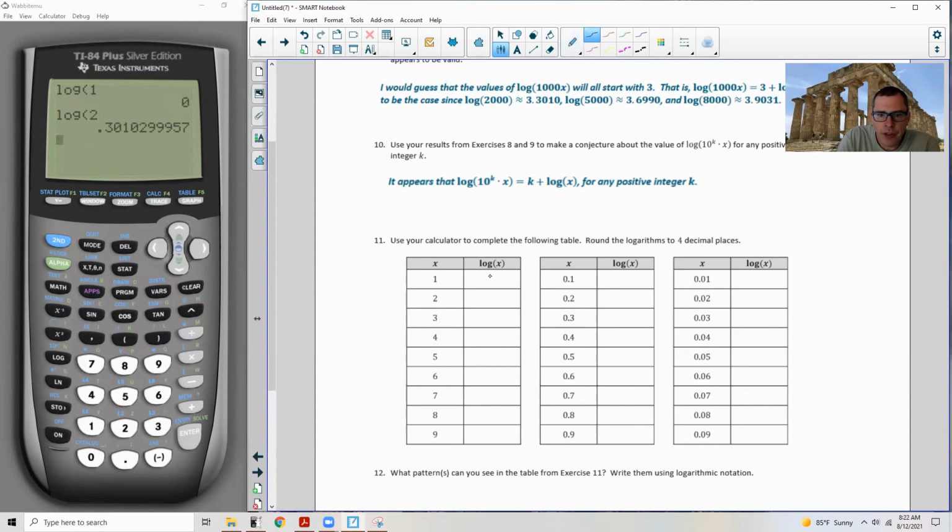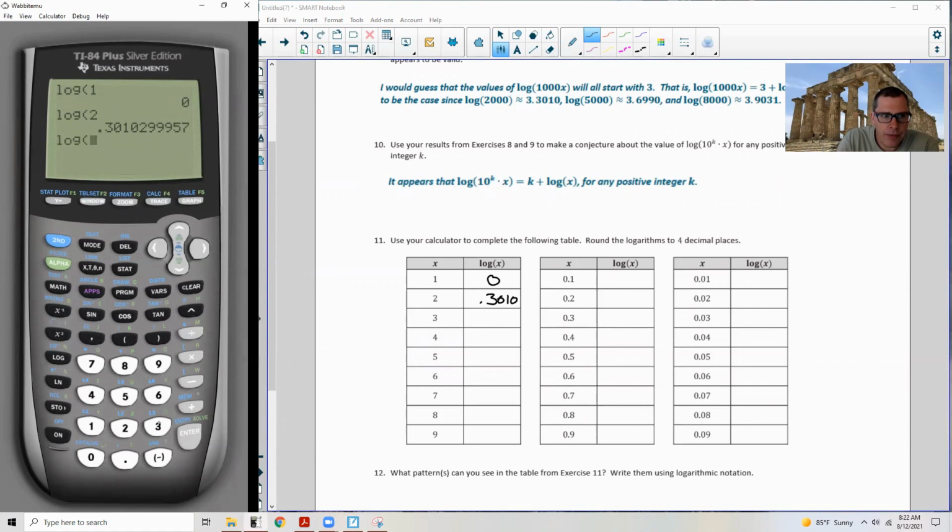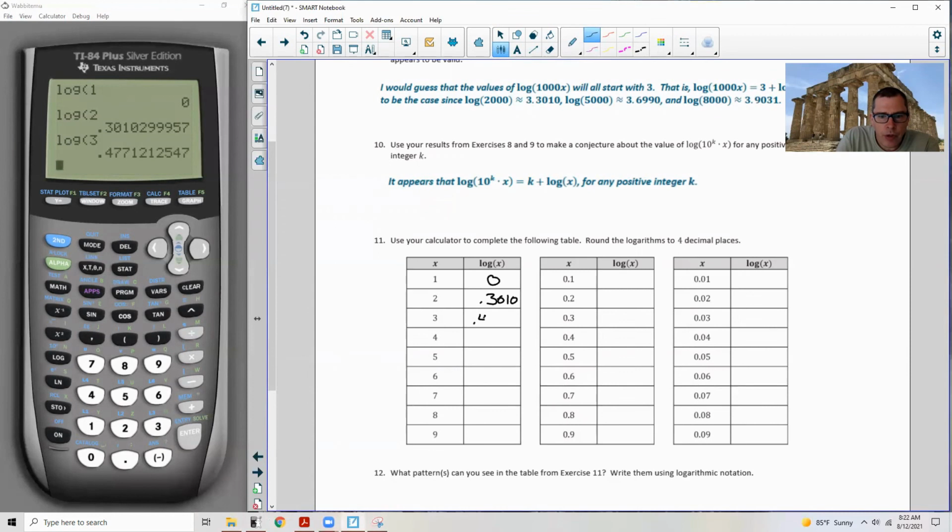Log of 1, 0. Log of 2, 0.3010. Log of 3 is 0.4771. And I should have a 0 out in front in my ones position just to solidify the fact that there are no zeros in these numbers. So the ones position is 0.